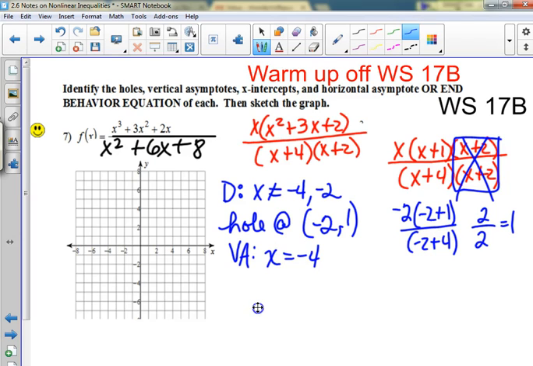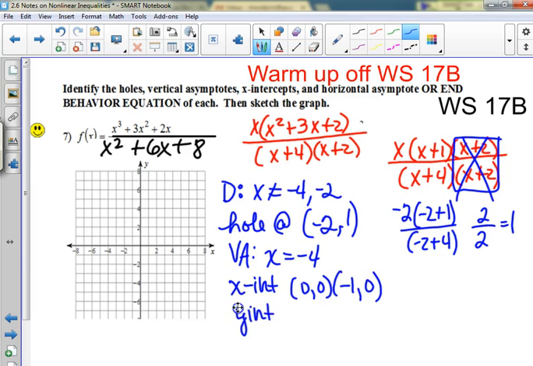End behavior. I don't want it. Let's find the x-intercepts. Makes the top 0. 0 and -1. Okay.